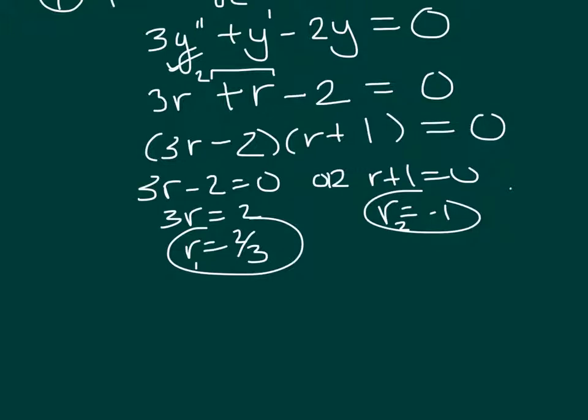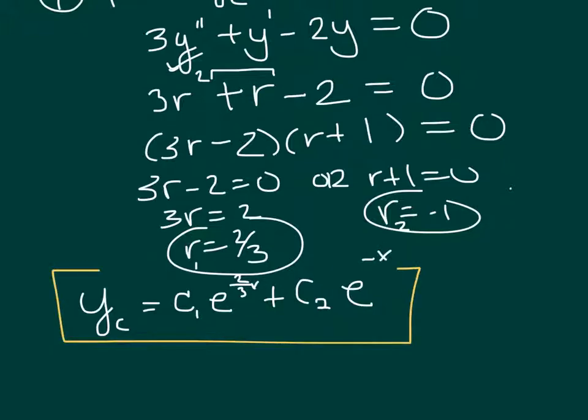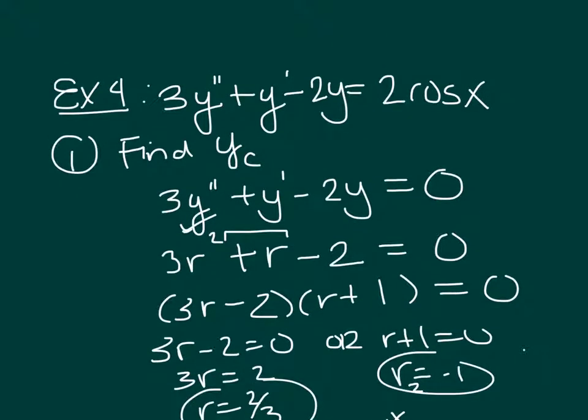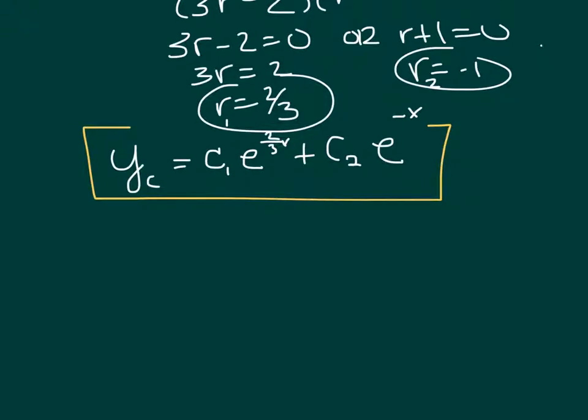Our general solution to the homogeneous equation is C1 e to the r1 x plus C2 e to the r2 x. Okay, so there's my first part. Check.